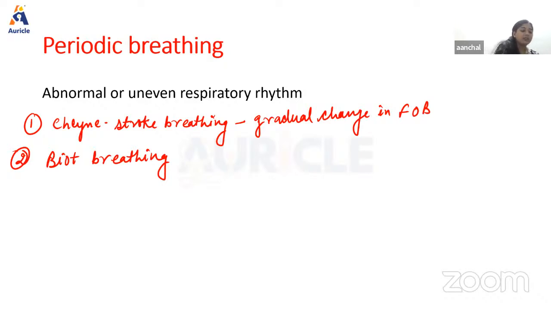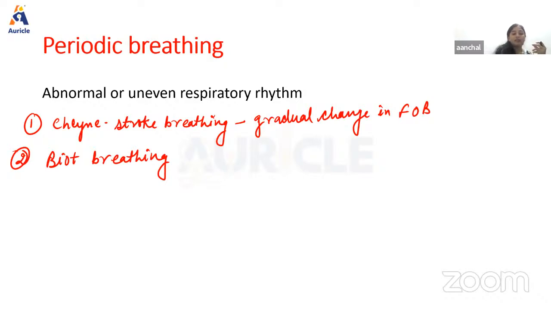This is the most common type of periodic breathing, and it is marked by two alternating patterns of respiration, known as waxing and waning. So we're going to learn about the causes of waxing and waning. Initially, during forced breathing, a large quantity of carbon dioxide is washed out from the blood.